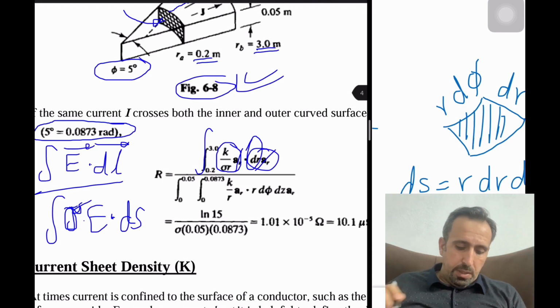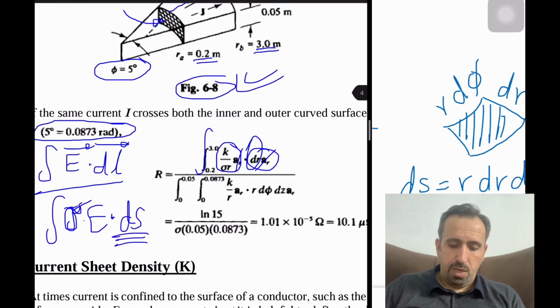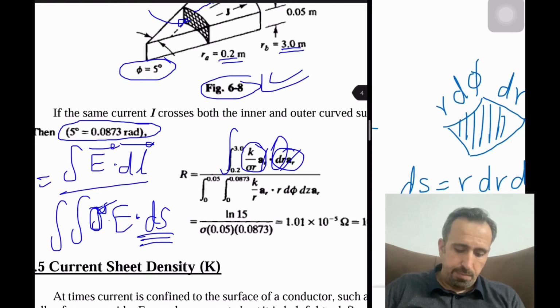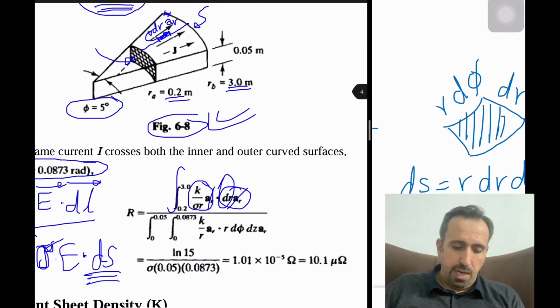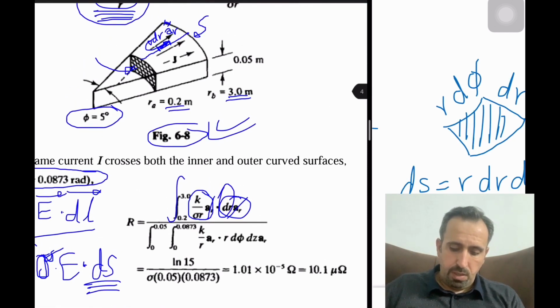For the denominator, take care about the integration because you have ds. So for ds, you may have a double integral. Sure, you'll have the double integral, but think about whatever you have and how ds is concluded to be this value.